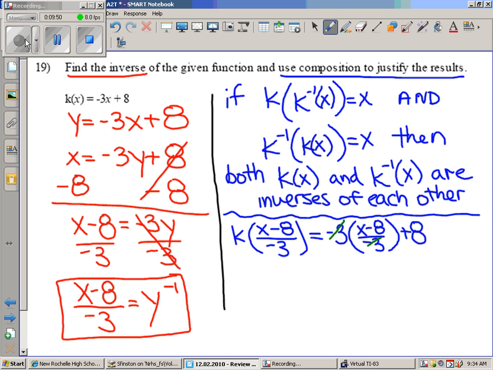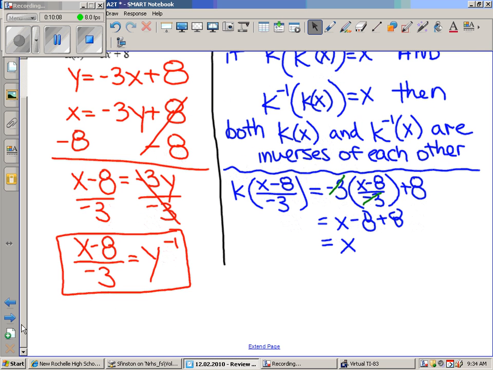This and this reduce, and you're just left with x minus 8 plus 8, which turns out to be just x. Perfect. The first part's working out real nicely. Let's do the second part.